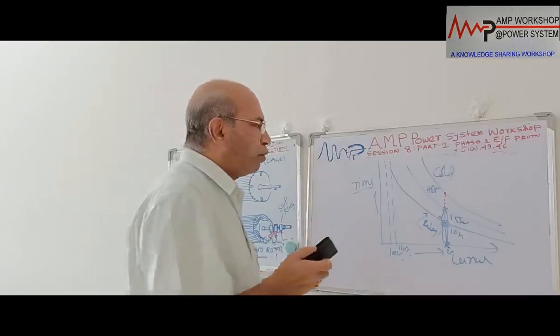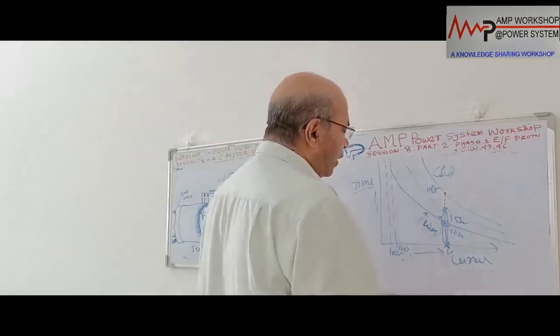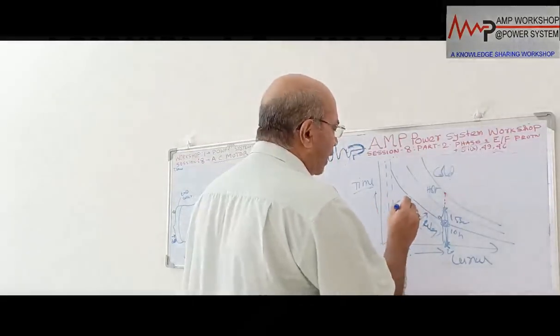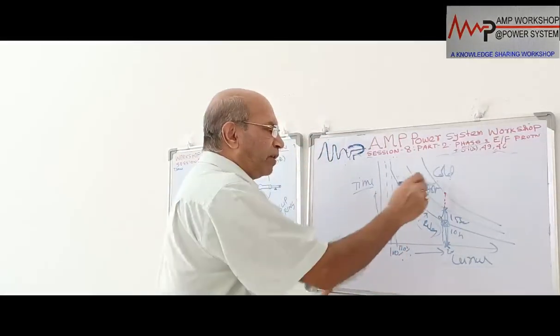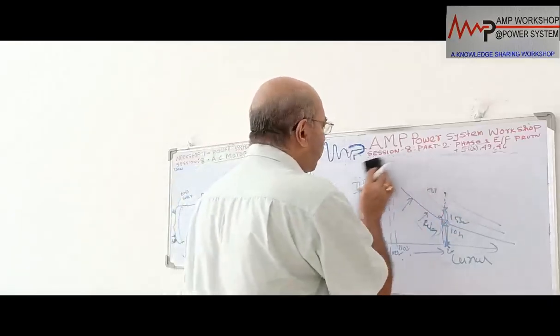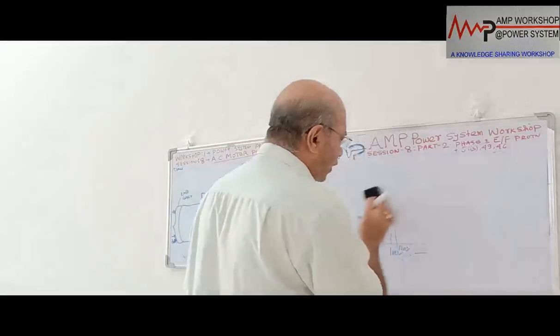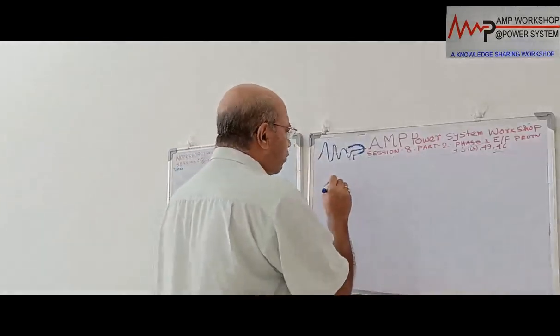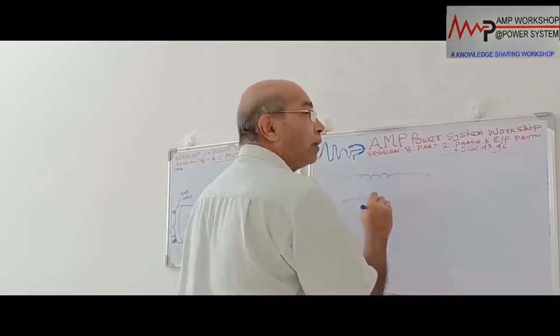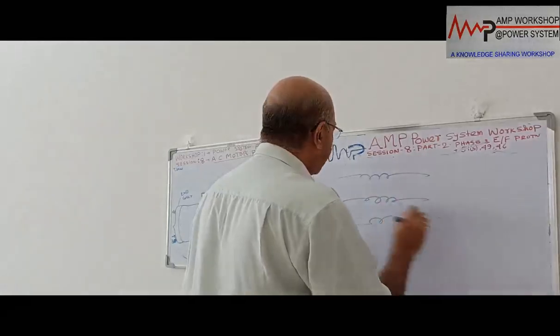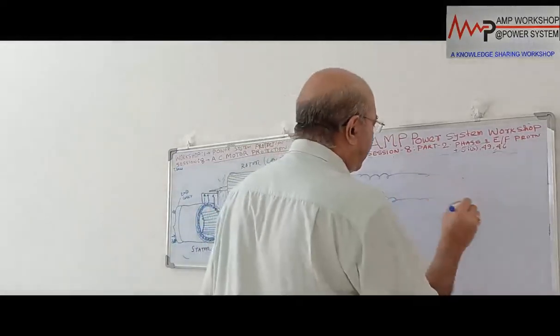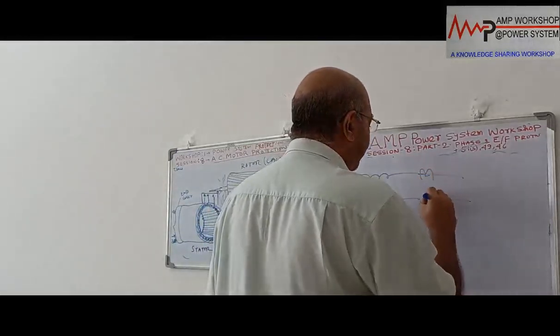Now we can provide this in two ways. We can provide an IDMT relay. Here it could be an IDMT relay curve, and we select the IDMT relay curve in such a way. In that case, we have to provide a CT on the motor side. This is the motor winding, and we provide a CT over here.